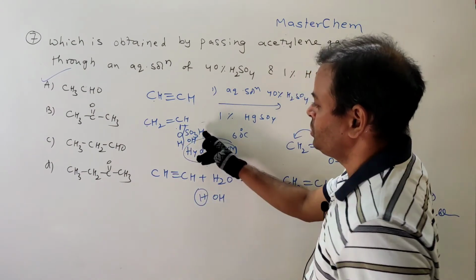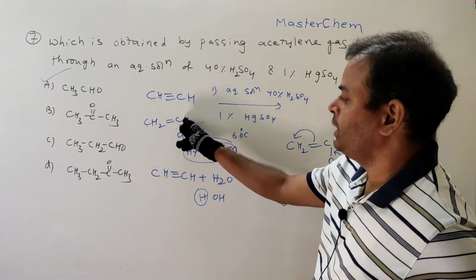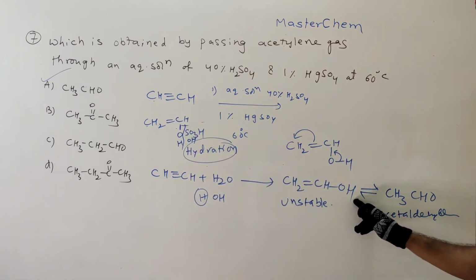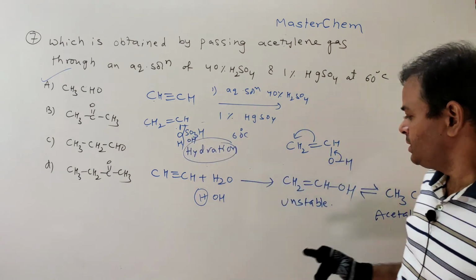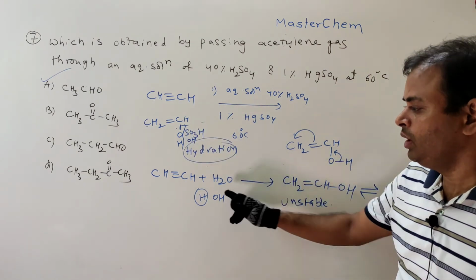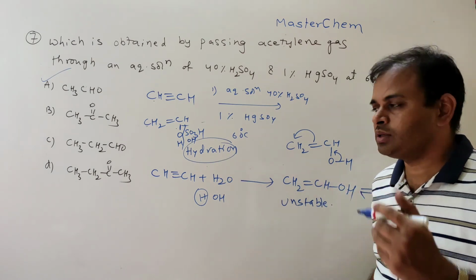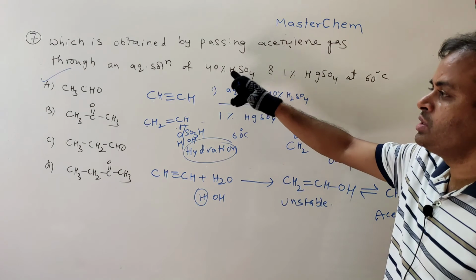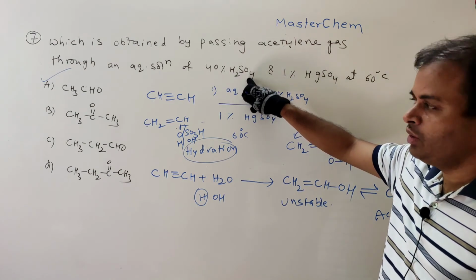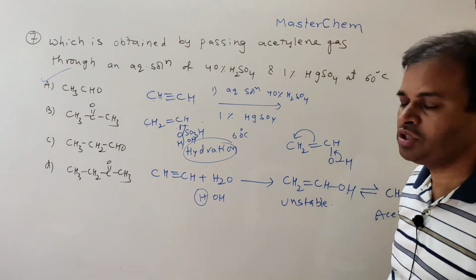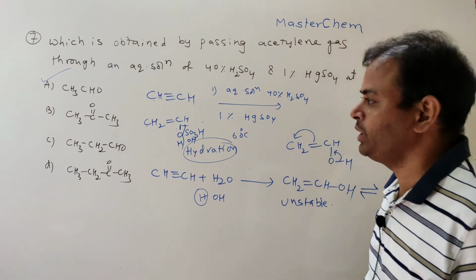With HOH, H2SO4 is regained and here CH2=CHOH, vinyl alcohol. So this is same or not? Both the products are same. That's why as a whole hydrolysis occurs for acetylene by passing acetylene through aqueous solution of 40% H2SO4 and 1% HgSO4 at 60 degrees centigrade.